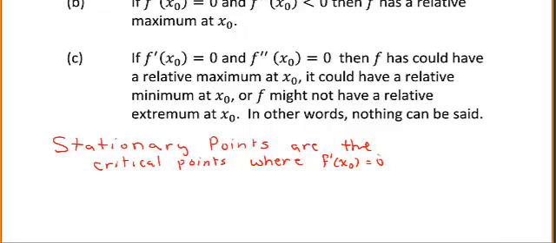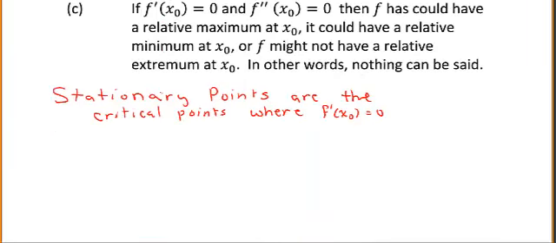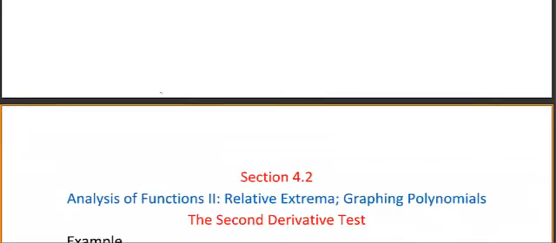So notice in this case we're only dealing with those kinds. We're not dealing with critical points where the first derivative is undefined. We're only dealing with critical points that are stationary points.